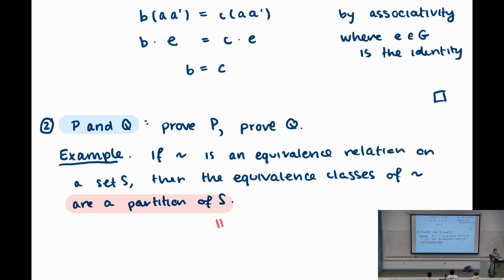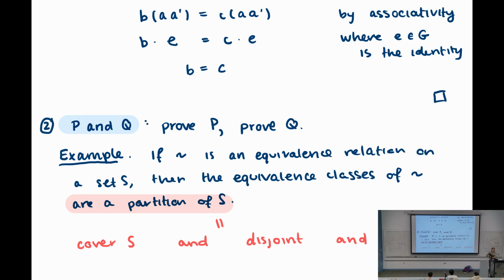To prove that something is a partition of S, we need to prove that the equivalence classes cover S, and that the equivalence classes are disjoint, and that the equivalence classes are non-empty.